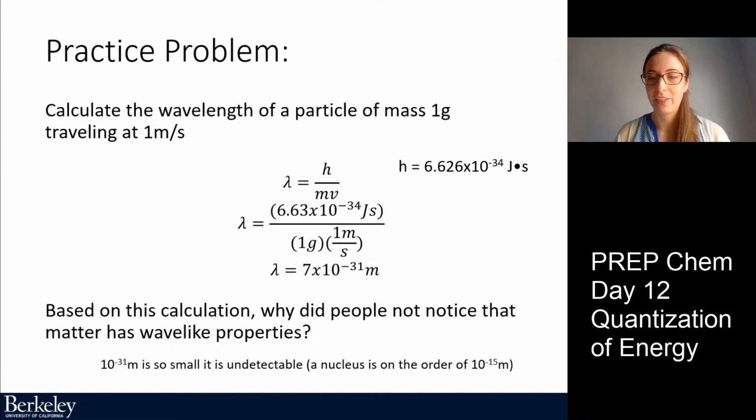I'm pretty sure that the final answer is still 7 times 10 to the minus 31 meters, but that when writing out the equation, I put 1 gram when it should be 0.001 kilograms instead.